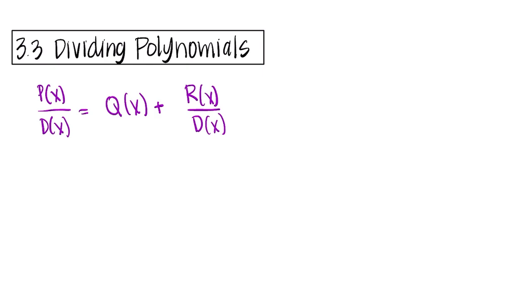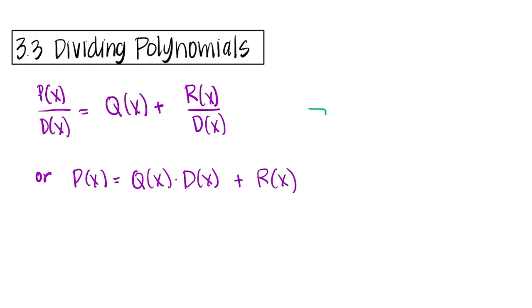So we can write it like this, or if I multiply both sides by that D of X to get rid of the fraction, I could say P of X is equal to Q of X times D of X plus R of X. So these two right here are equivalent statements, or equivalent equations.